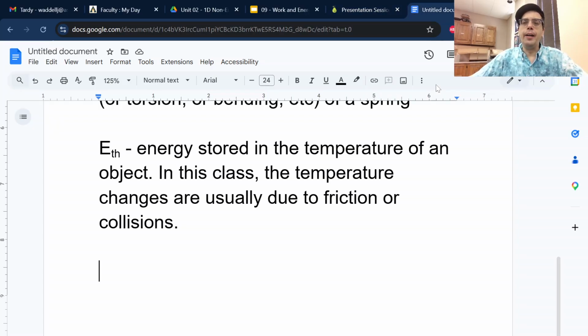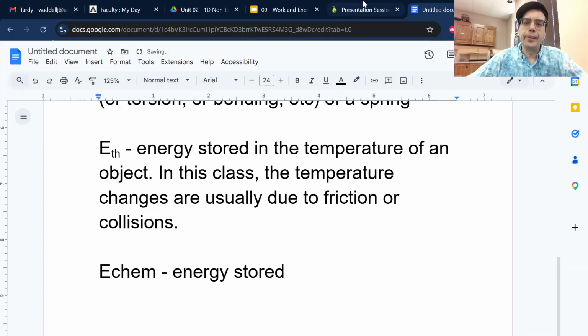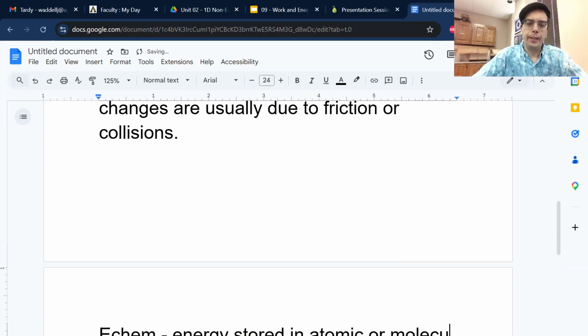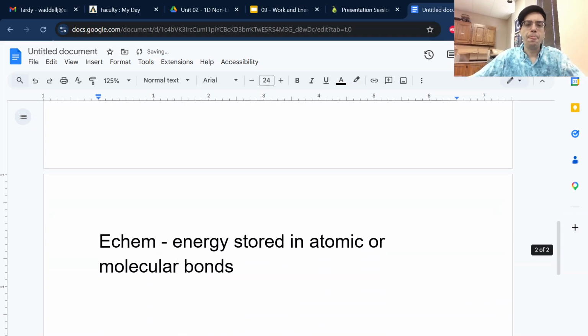So, chemical energy is stored in the bonds, so atomic and molecular bonds, I'll put it that way.